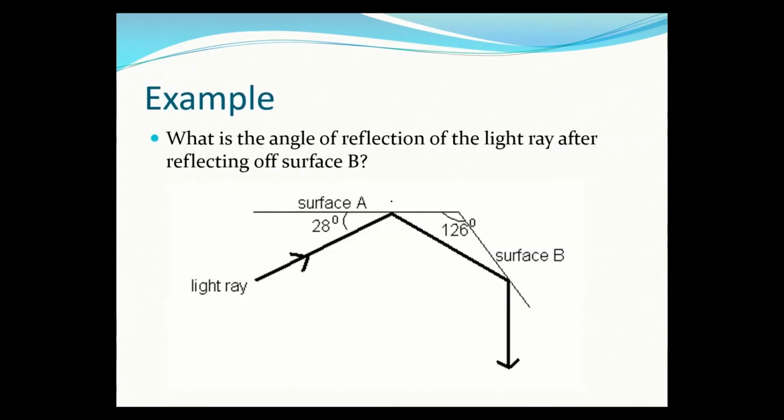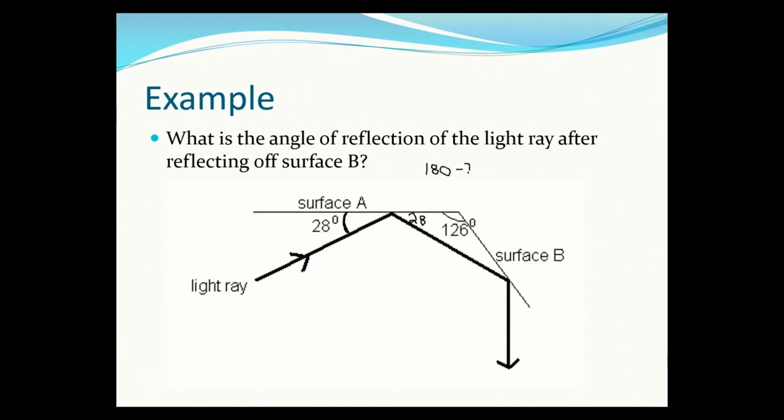So these are the examples that we did in Physics 20, where, okay, if this angle here is 28 degrees, then we know that this angle is 28 degrees. And all of these create a triangle, and triangles have to equal 180 degrees.